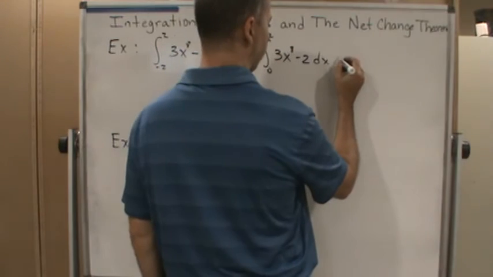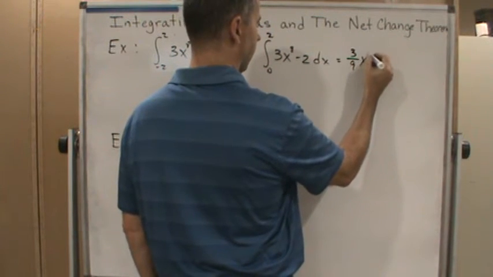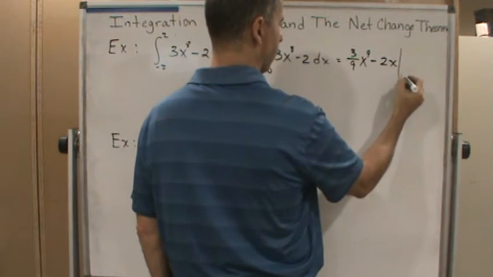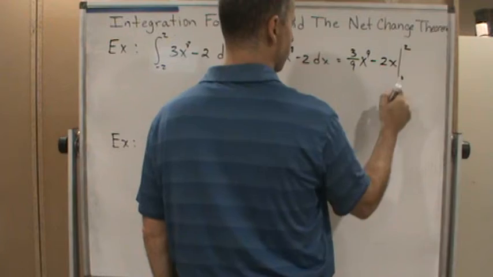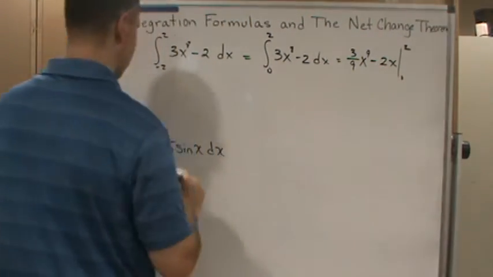And so now this is going to equal 3/9 x to the 9th minus 2x evaluated from 0 to 2. And of course this is going to be easier to evaluate because I've got 0 there.